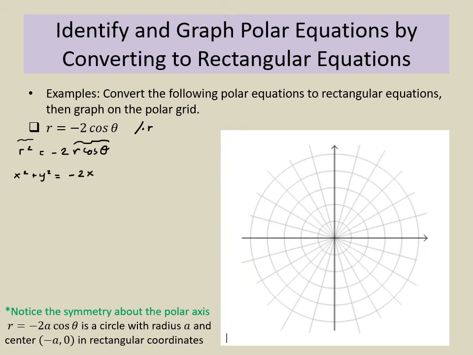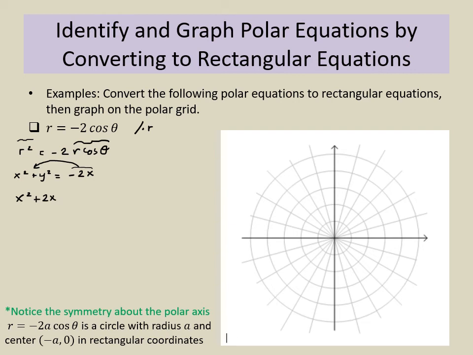Now once again, this is also the equation of a circle, but now we do have a term that has an x in it on the right hand side. So this time we're going to move it over here, but this term, because it's an x, needs to be bundled with the x squared term on that side. So this is going to be x squared plus 2x.